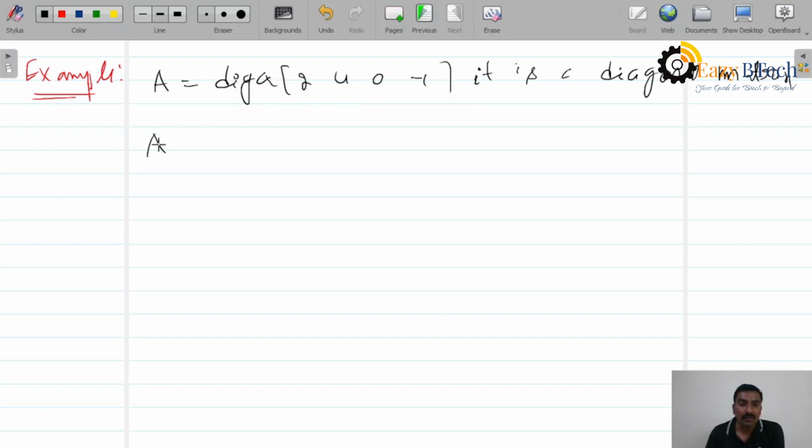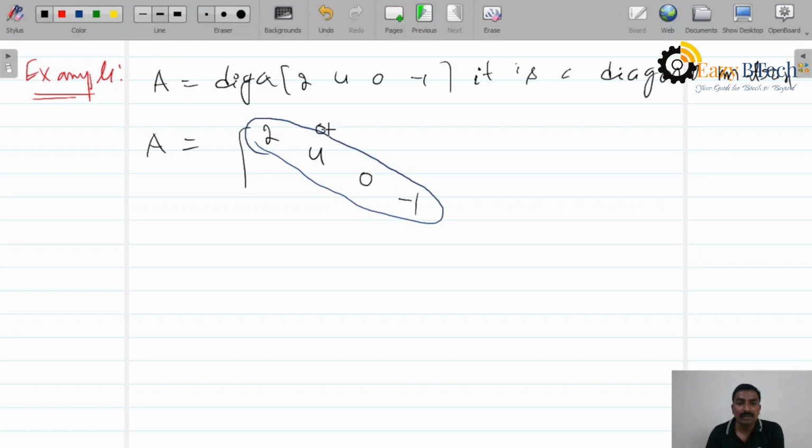So the full form of this diagonal matrix is: first row first element 2, second row second element 4, third row third element 0, fourth row fourth element -1. These are the principal diagonal elements. Remaining all elements are 0.